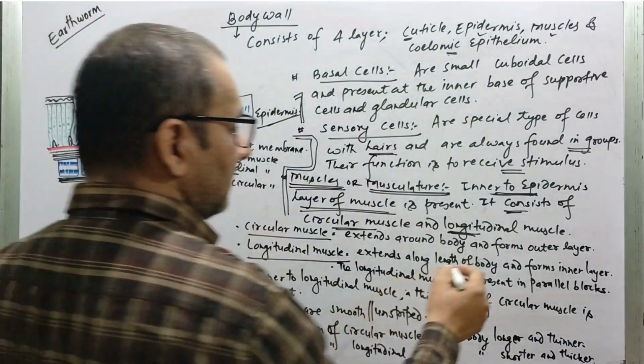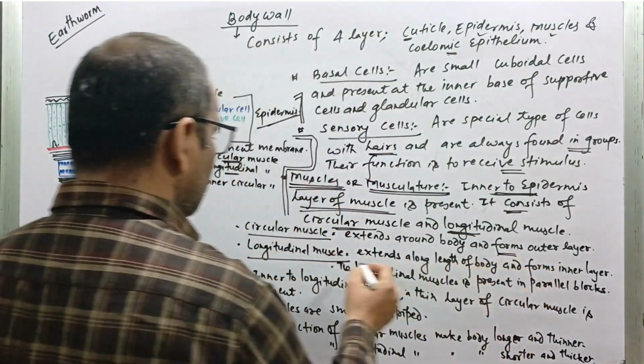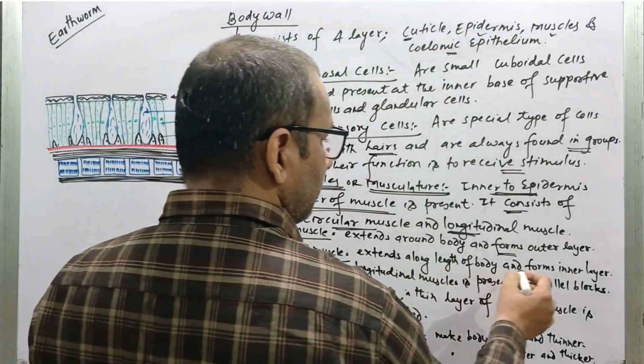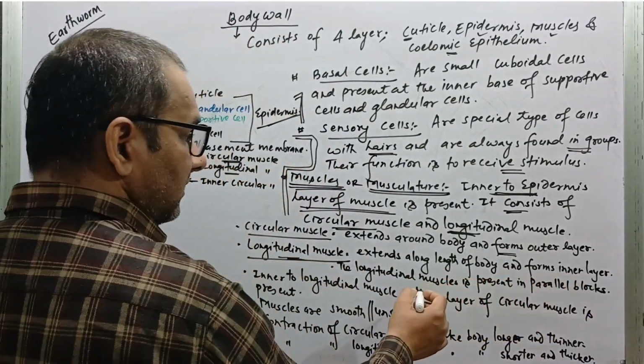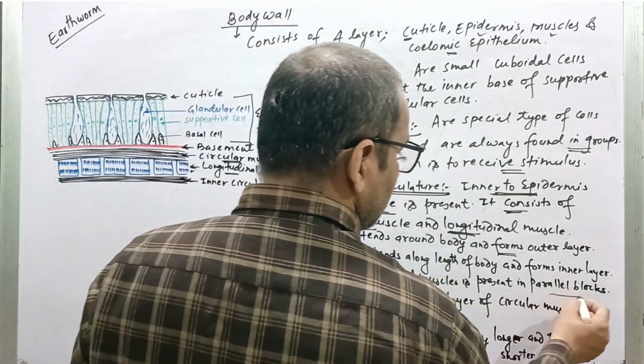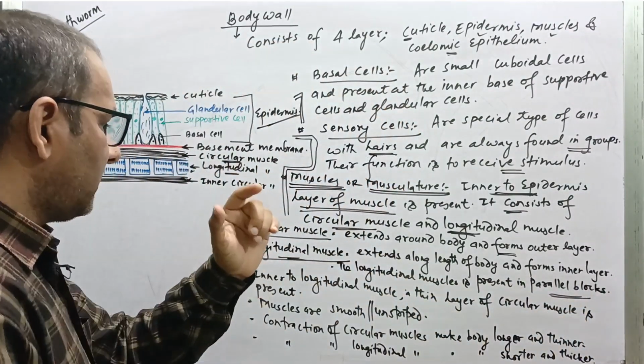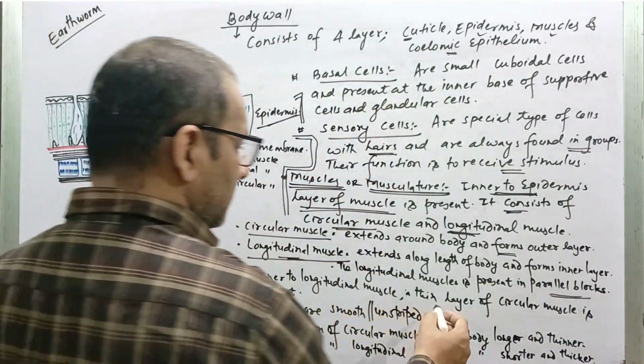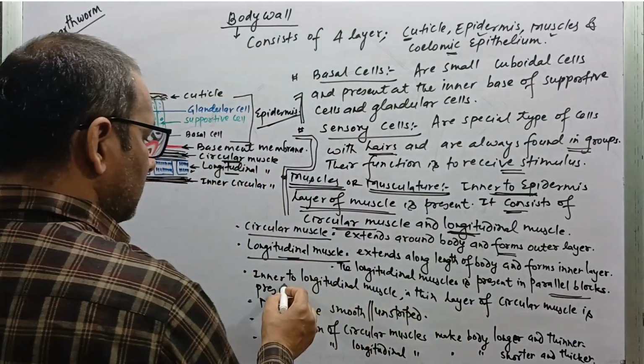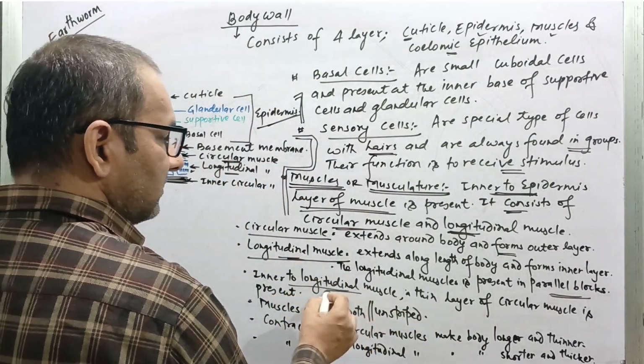The circular muscle forms the outer layer, while the longitudinal muscle forms the inner layer, and the longitudinal muscle is present in parallel blocks. A very thin layer of circular muscle is also present inner to the longitudinal muscle.